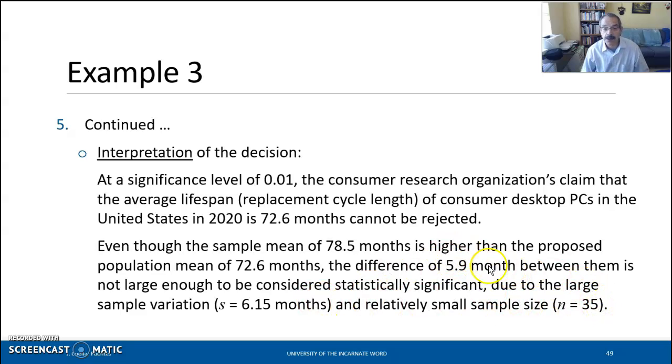So that's why we couldn't say that this difference was statistically significant. All right, with this part, we finished the section for testing the population mean.